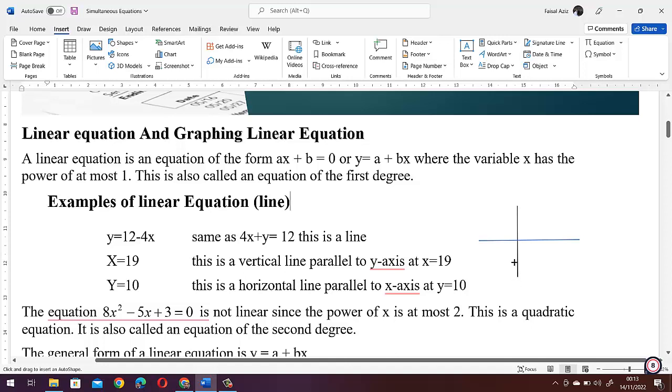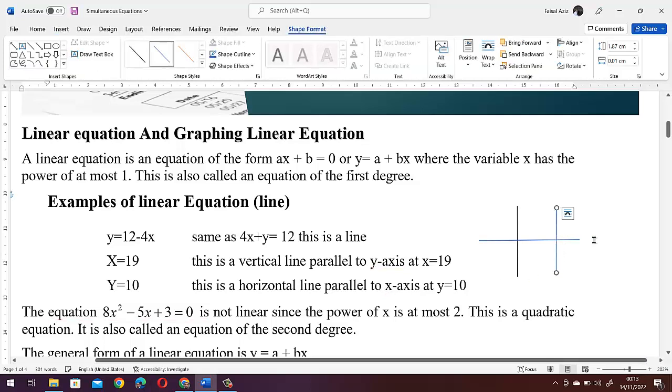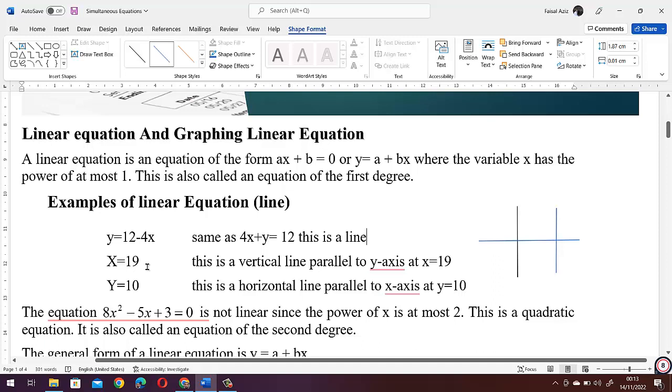So it means that for any value of y, the value of x will remain same, which is 19. So let's assume that this point where I kept my cursor is 19. So it will give us a vertical line parallel to y-axis. This is the graph for this equation, x equals to 19.